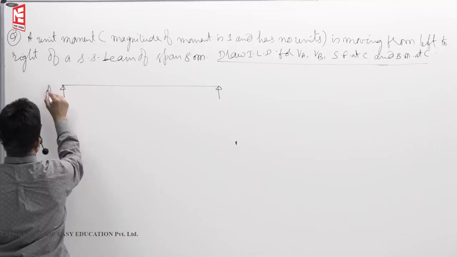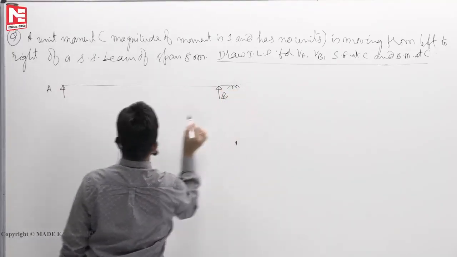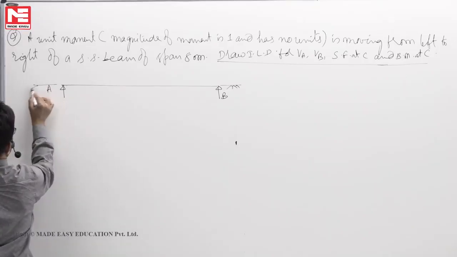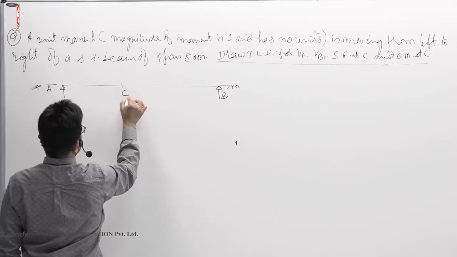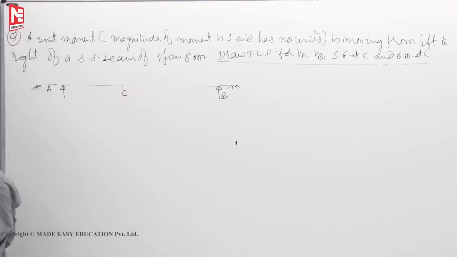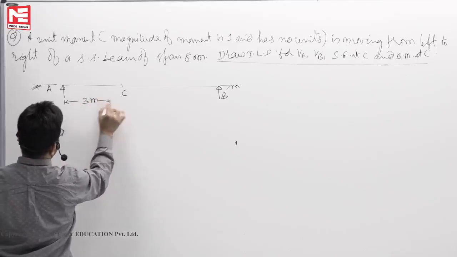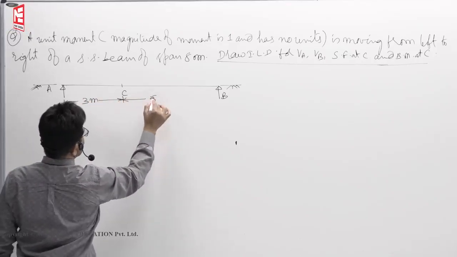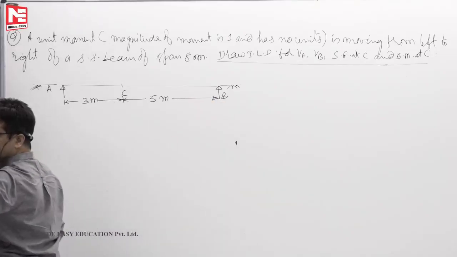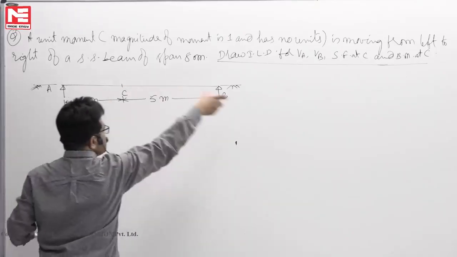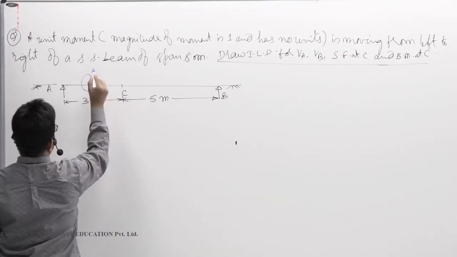This point, let us say A, B. Somewhere here C is there, 3 meters. This, let us say 5 meters. Now, a moment M is moving from left to right, you will show like this.